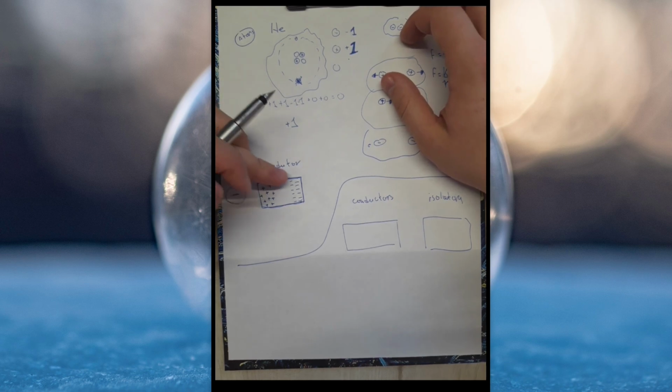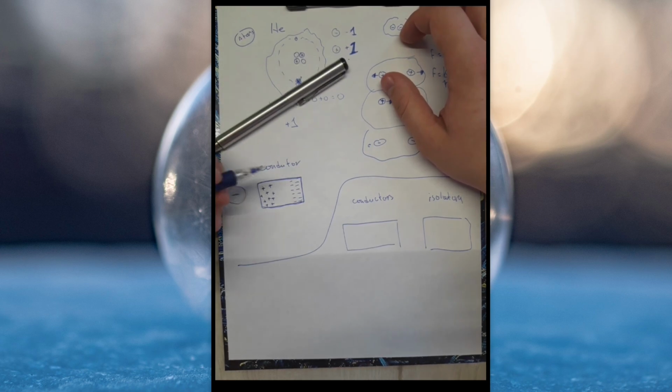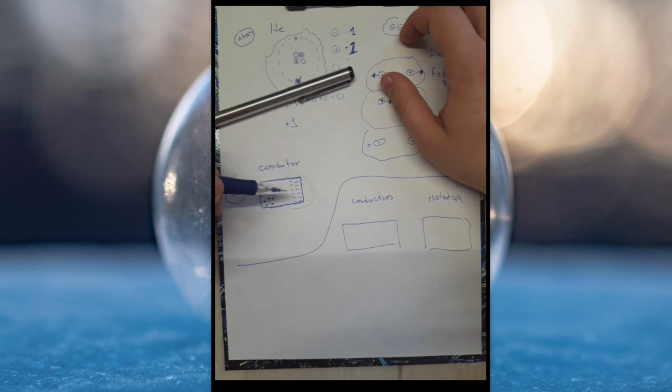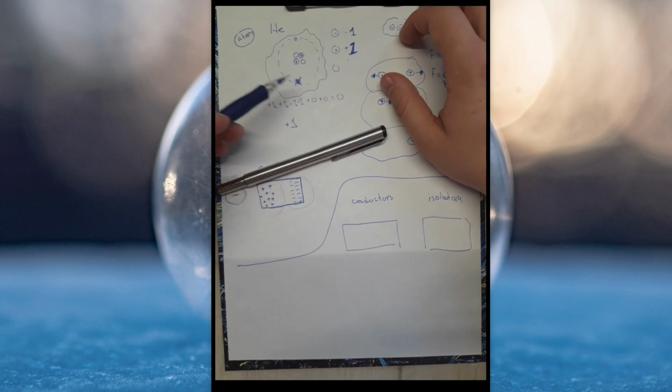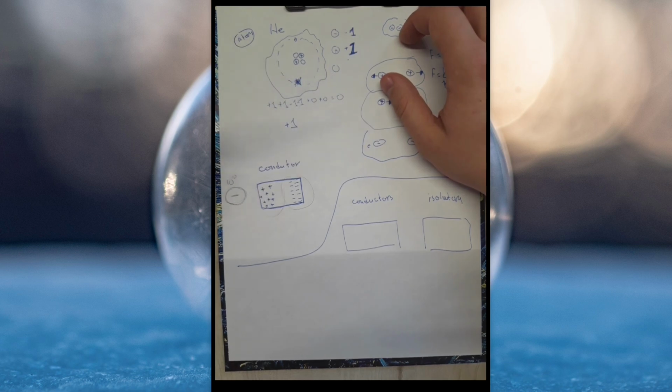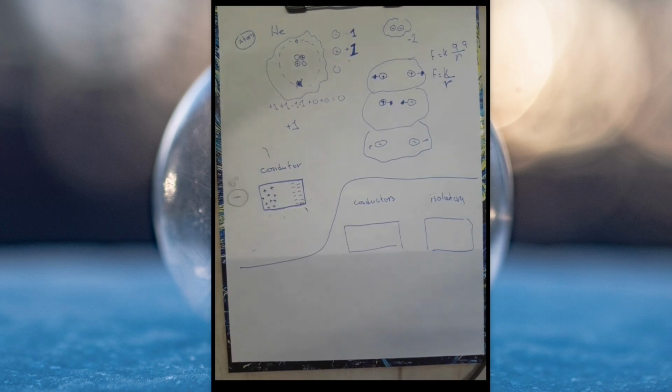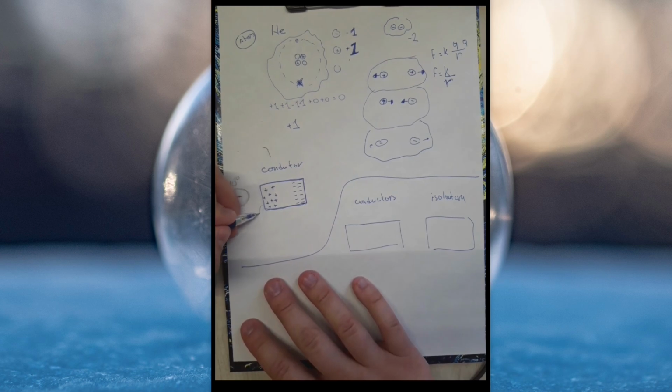Again, the total charge of this volume is still the same, it's still 0, but we have localities that have higher concentration of certain charge. In this case, the right side has a higher concentration of electrons, and the left side has higher concentrations of positively charged ions, and those charges generate their electric field themselves. Let me draw it. So the electric field always starts at the positive charge and ends at the negative.